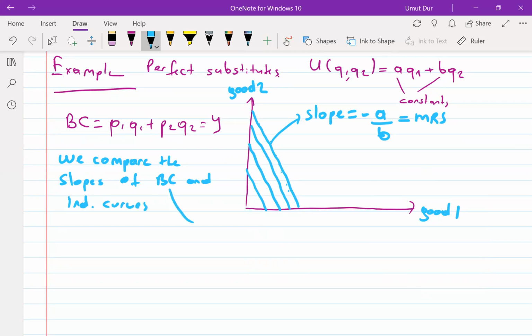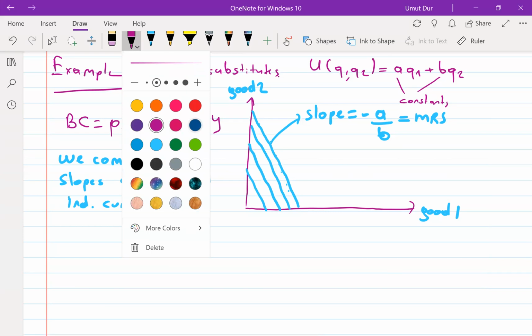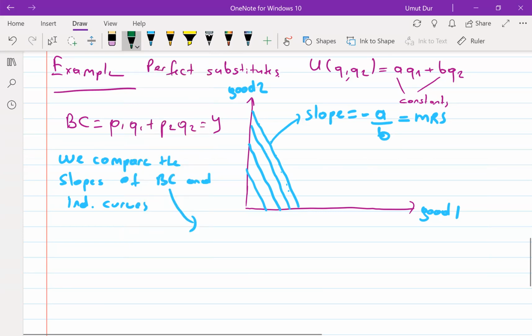So what is the slope of the budget constraint? Let's say this green line is our budget constraint.